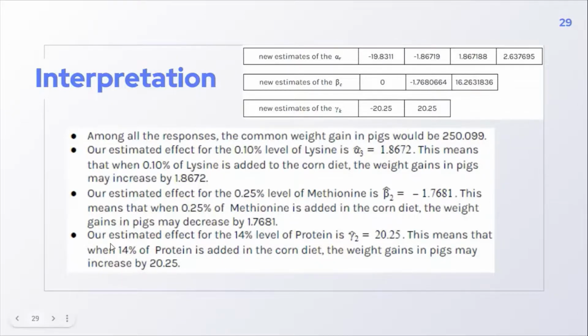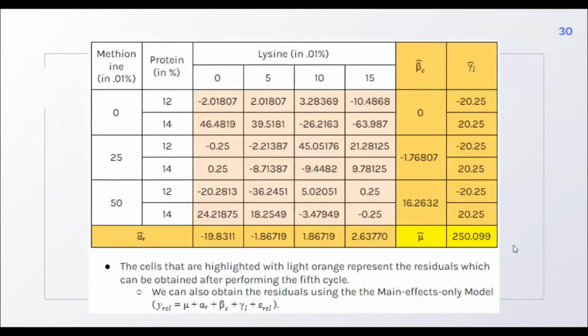And lastly, our estimated effect for the 14% level of protein is 20.25. This means that when 14% of protein is added in the corn diet, the weight gains in pigs may increase by 20.25. We can present our results in this manner.